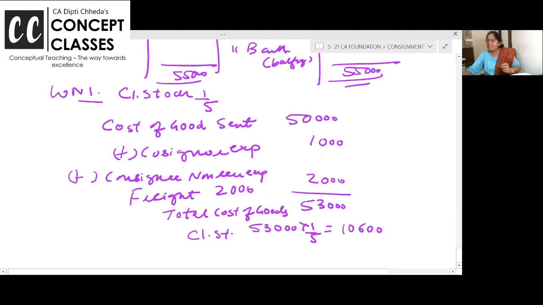In your material, this same problem is given with loading also, but the loading concept we will do tomorrow. Please check, I'm waiting for all of you. Is this all clear to you or not?